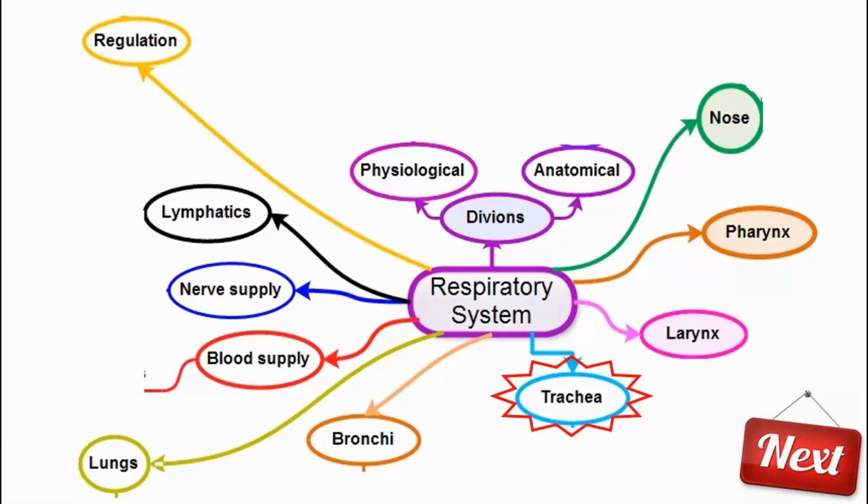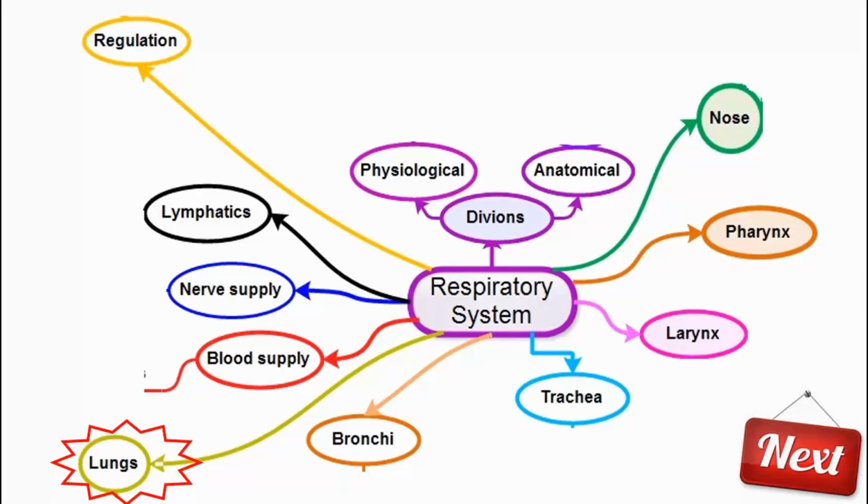Then the trachea, or what is called the windpipe, is going to divide so many times, around 22 times, to give bronchi, and at the end of the bronchi we have bronchioles, and then the terminal bronchiole, and then the respiratory bronchiole.